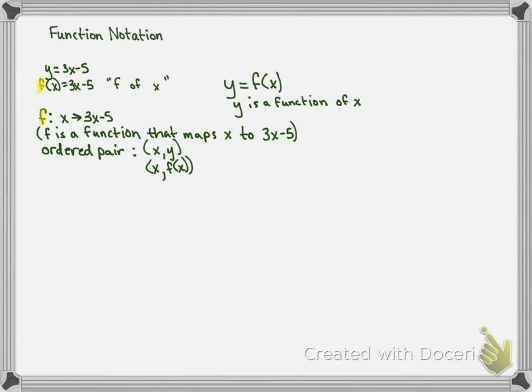These f's could be any letter. So f is representing the name of the function. We could have g of x, h of x, p of x, w of x, could have smiley face of x. You'll often see f of x because f is for function, but it doesn't have to be an f.